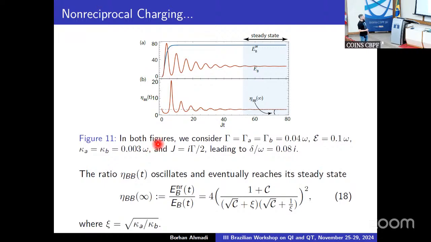And the efficiency of the battery: if we define eta B as the energy of the battery in the non-reciprocal case divided by the energy of the battery in the conventional case, it can be written in this form. C here is the cooperativity again, and xi is defined in this form.